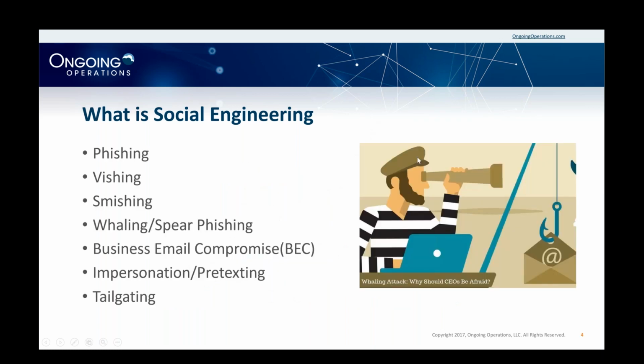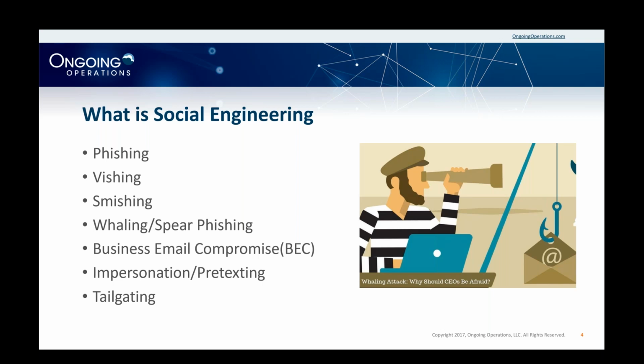So again, as we look at what is social engineering, what are the names for it? What are the techniques? How are people doing it? We have phishing, which I'm sure everybody's familiar with that word, but trying to trick people into giving information either through email, false web pages, and what have you.